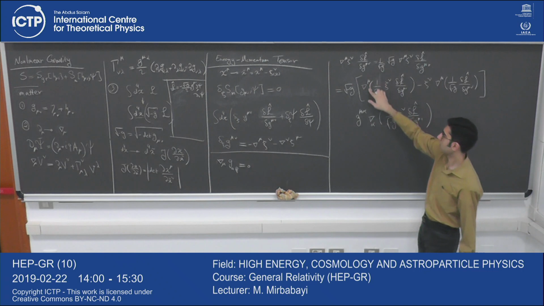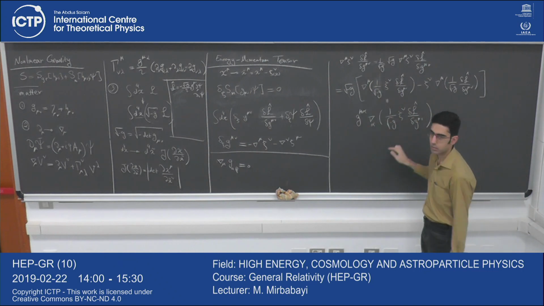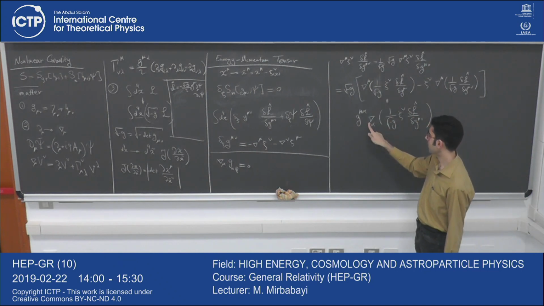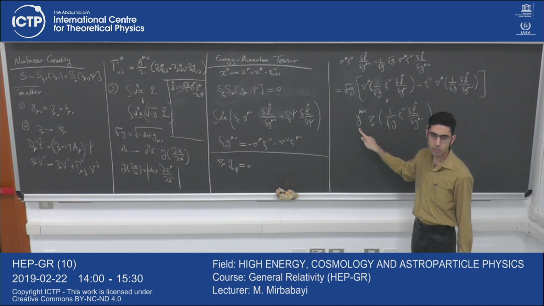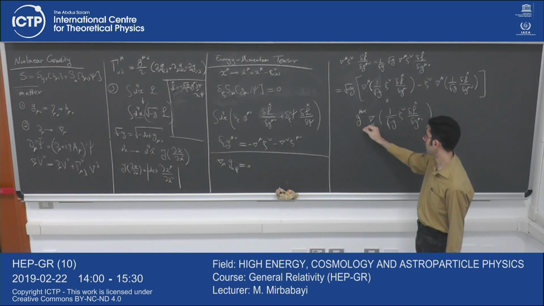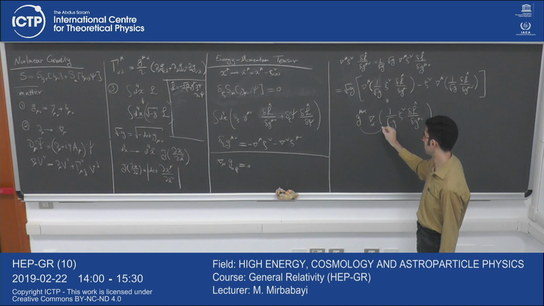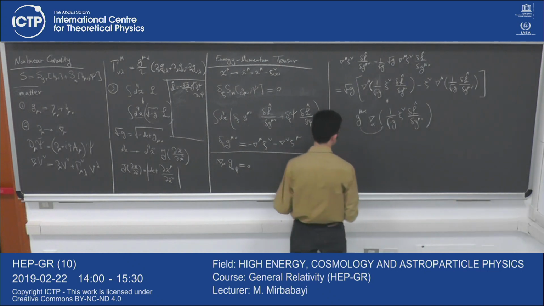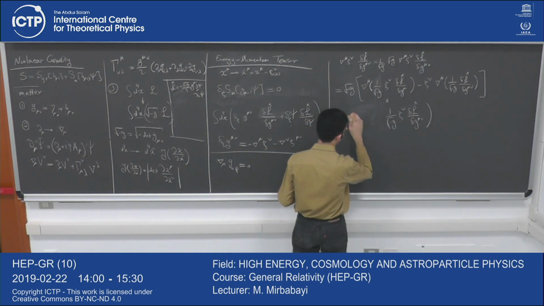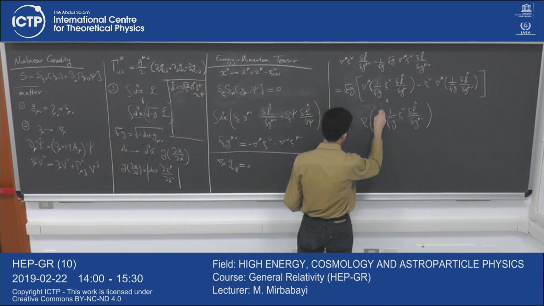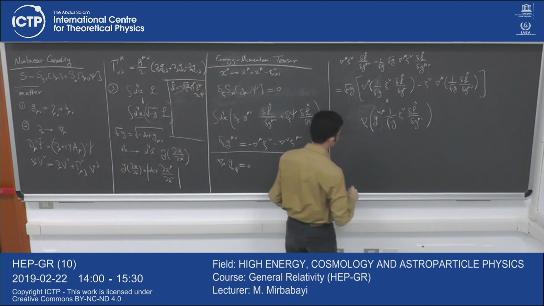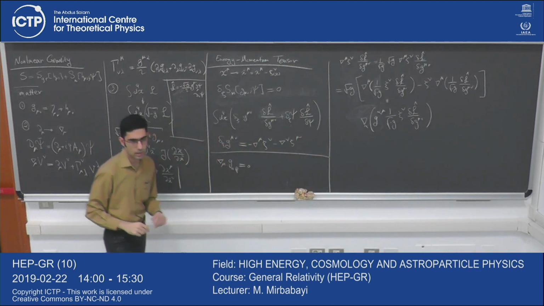So this index can be raised and lowered using the metric, but since the covariant derivative is metric compatible, I can take this metric inside to write it as del alpha or g alpha mu times that.